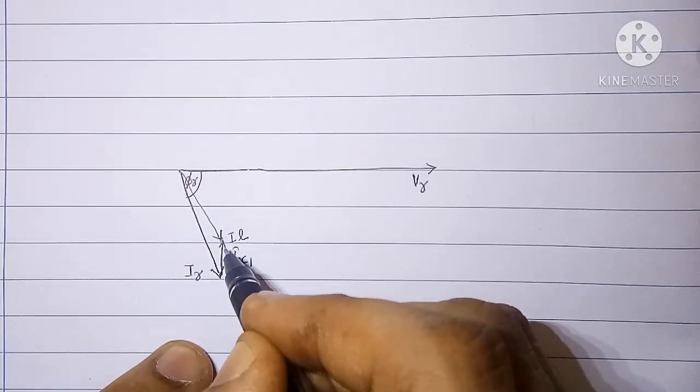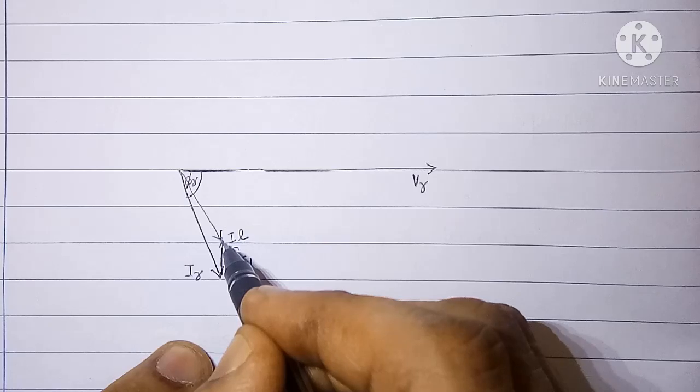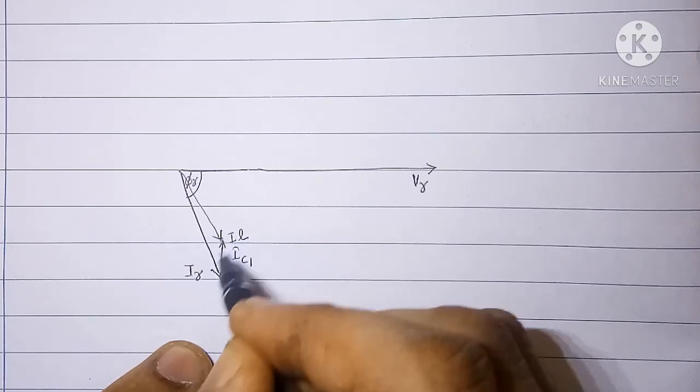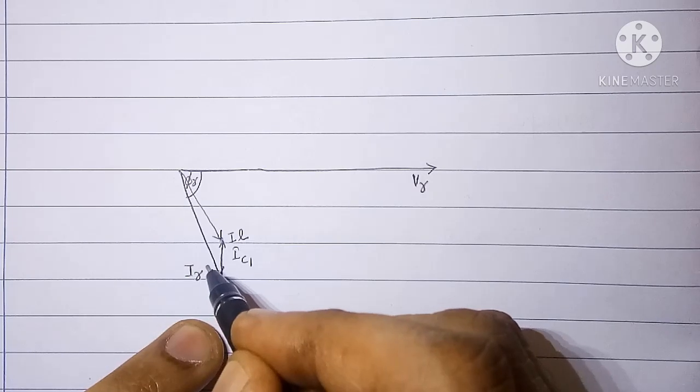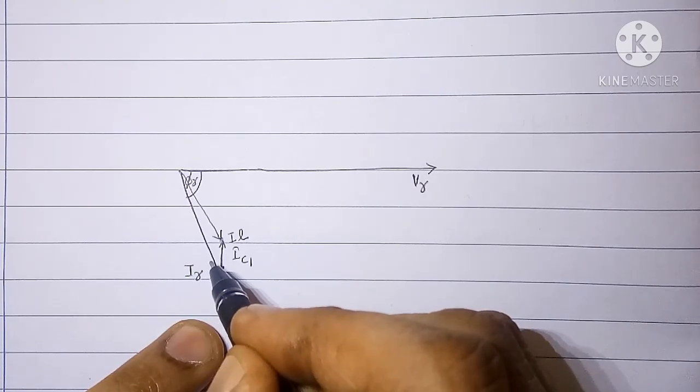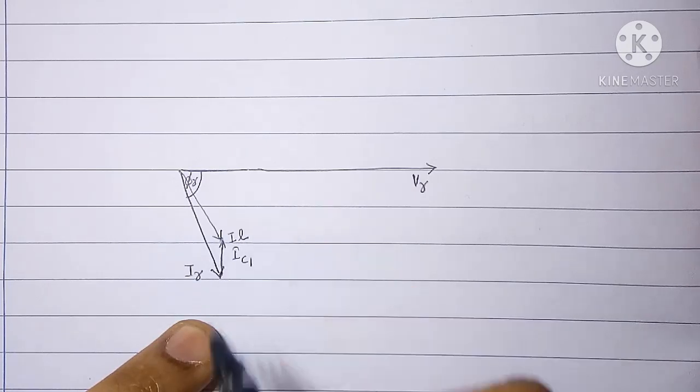To IL if we add IC2, we get the sending end current IS.